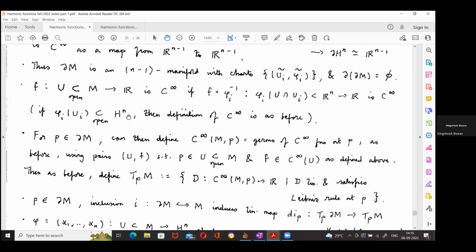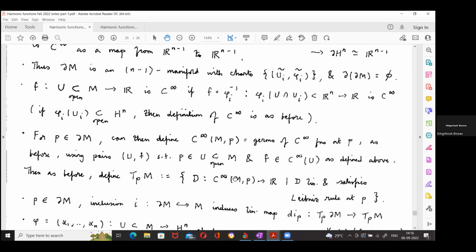All right. So then we can define, as before, TPM to be the space of derivations at P of the ring of germs of smooth functions at P. Okay, is this all right? Yes. The only difference is in the definition of C infinity MP.